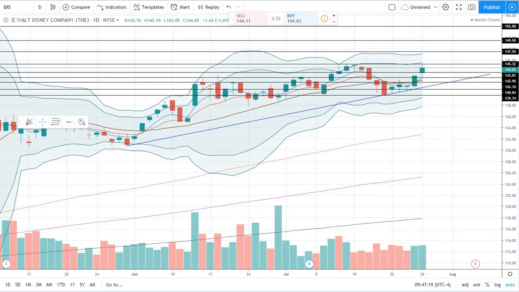All right, so buy trigger: break and back test of 145.3-ish, or back test to the trend line.